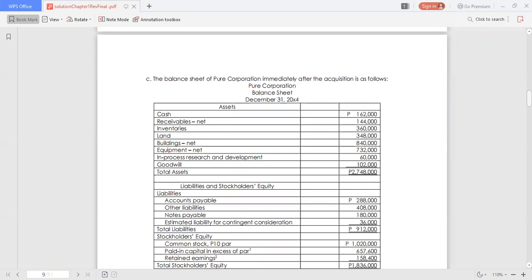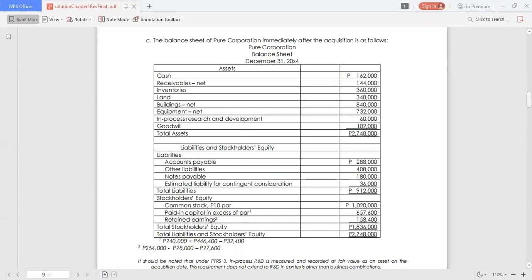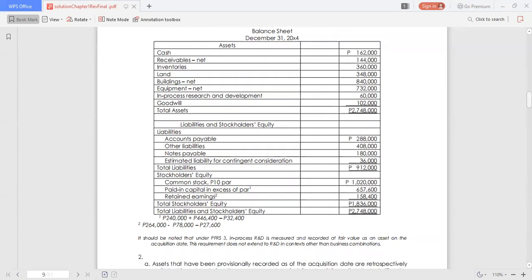For the liabilities, accounts payable 288, other liabilities 408, notes payable 180, estimated liability for contingent consideration 36, and the total liabilities. Then stockholders equity, common stock at 10 par, paid in capital in excess, and retained earnings, and the total stockholders equity, total liabilities, and stockholders equity.